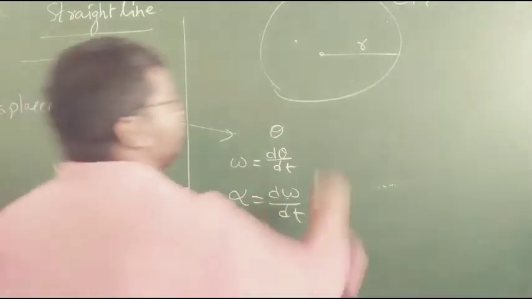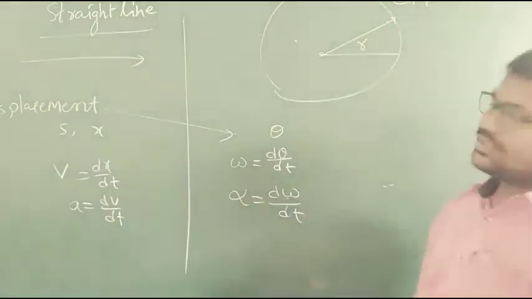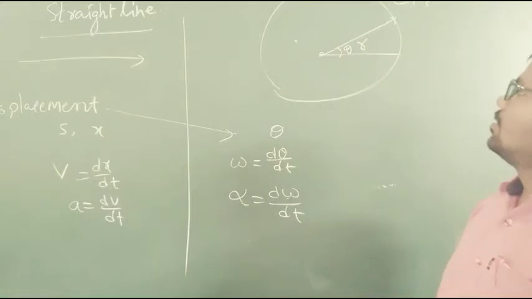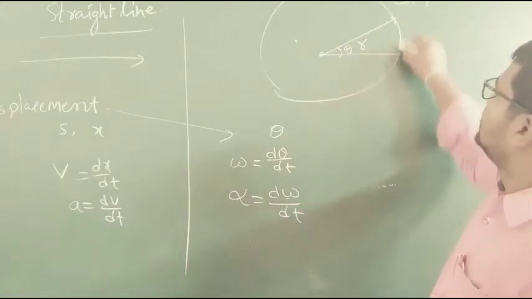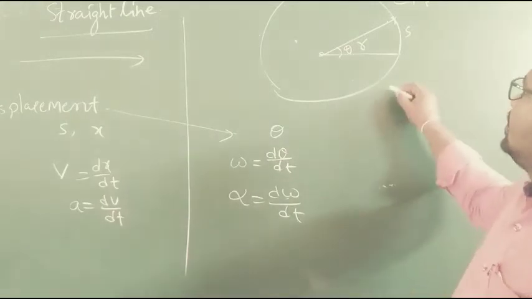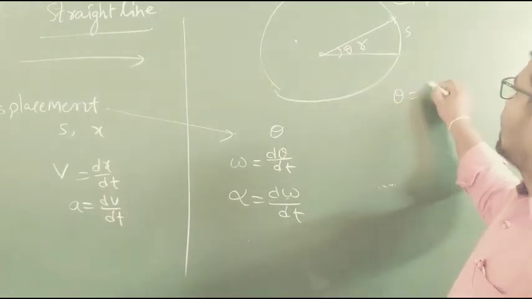The angle subtended at the center of the circle is called the angle, and this we can say is the arc. Theta is equal to arc by radius.